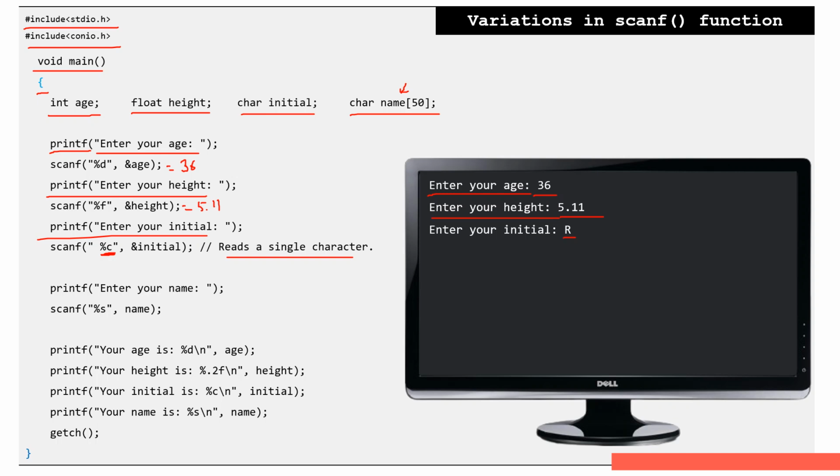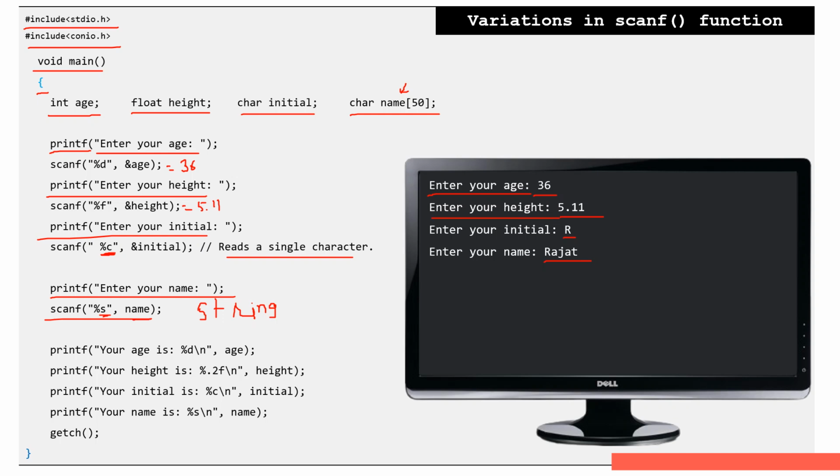And what is the variation now? Next is enter your name. Suppose the user enters Rajat, right? And we want to have the complete name. So you can see that it is written %s. S stands for string. Then followed by name.